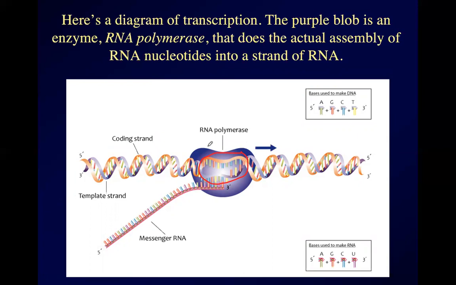The RNA polymerase is doing the work of picking up RNA nucleotides and welding them into a strand of RNA that's forming right here, that's complementary to the DNA, and then peeling off the DNA. So we make a strand of messenger RNA that carries what amounts to the same information as the information on one of the strands of DNA. We're copying information here, and this process is called transcription.